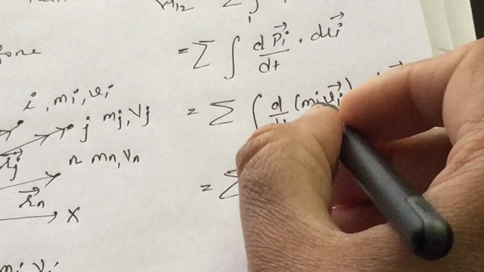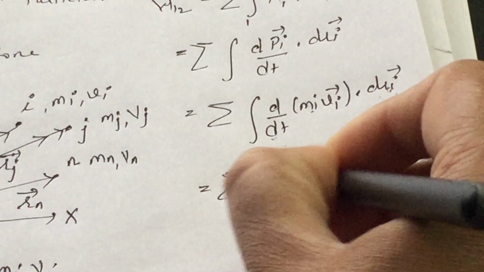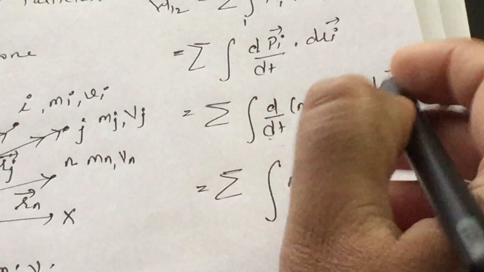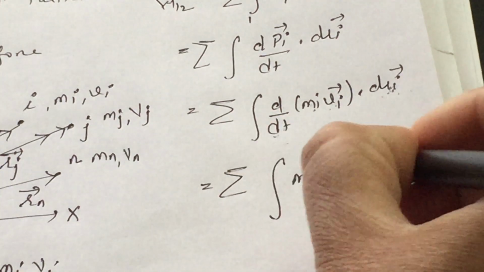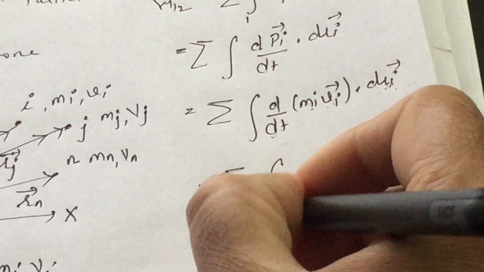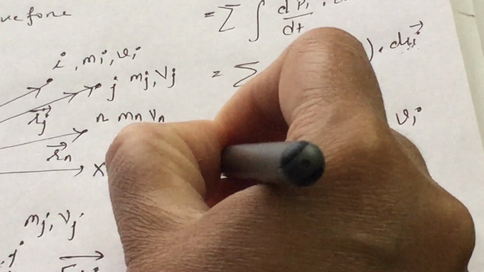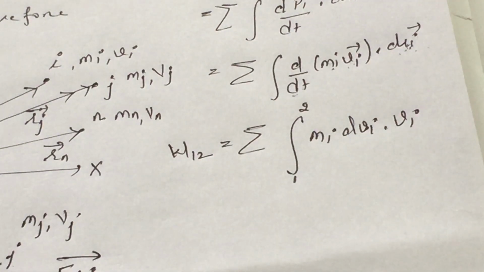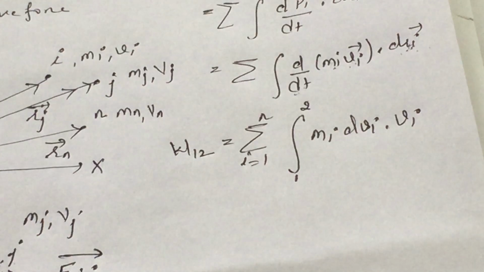Since mi is a constant, the change will be in the velocity, and dri upon dt is the velocity of the ith particle. The ith particle is moving from the initial position to the final, and this represents the total work done by the system, as we have taken the summation for all the particles.